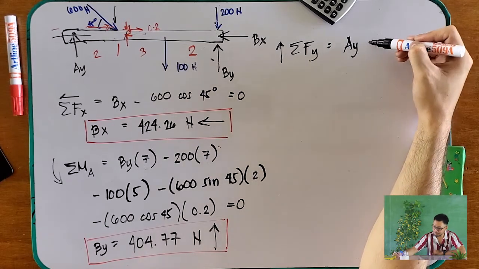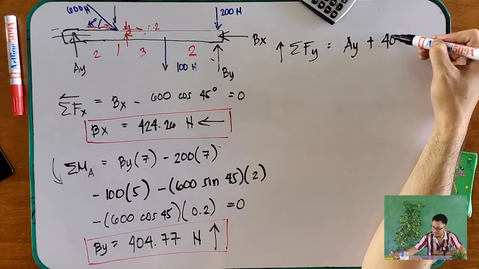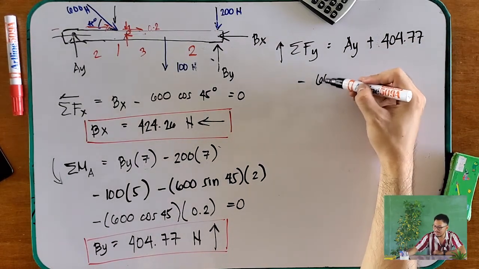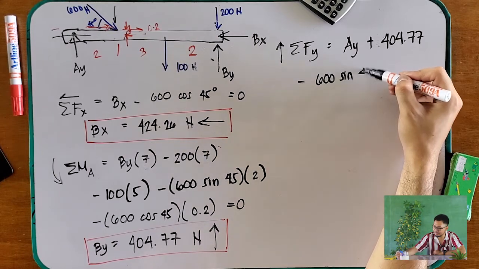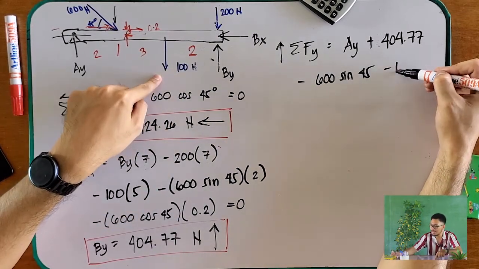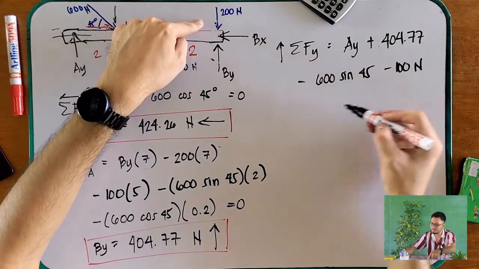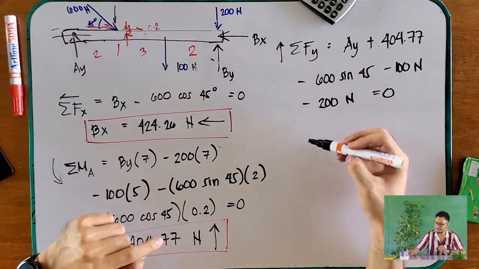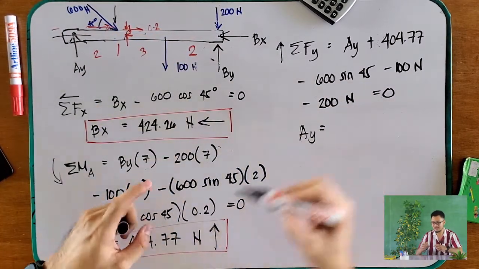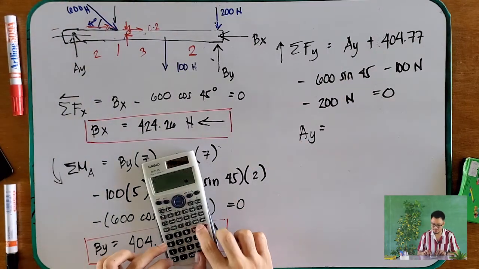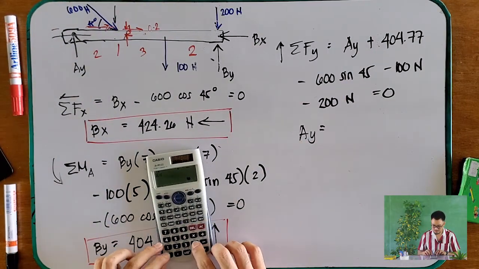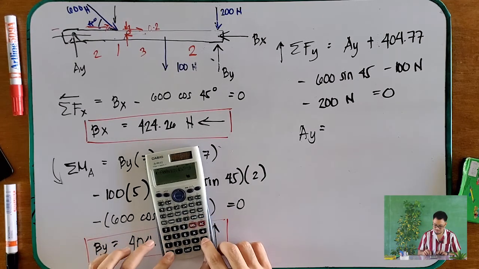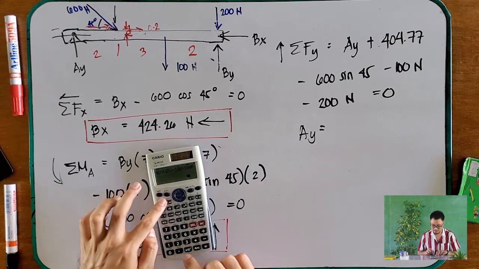A_Y plus 404.77 minus 600 sine of 45 minus 100 newtons minus 200 newtons is equal to 0.